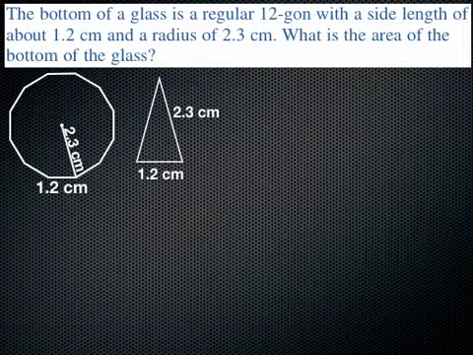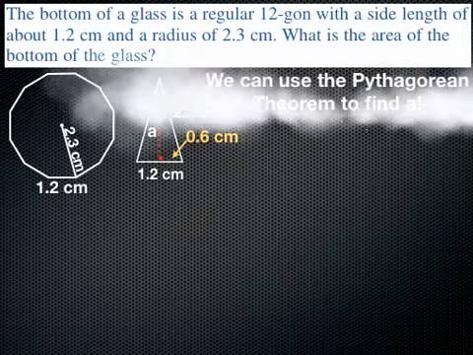for is the apothem. So draw in your apothem, and remember that the apothem is going to bisect your side. So I know that this part of the side, or this leg of the right triangle formed, is 0.6 centimeters. Notice that you know the hypotenuse, you know one leg, and I'm missing just the apothem, just the other leg.